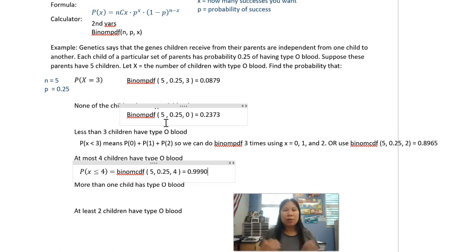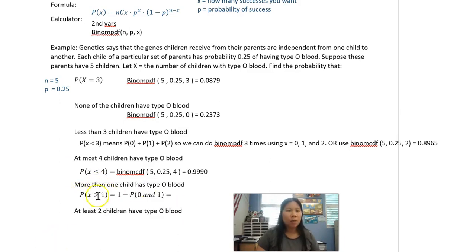So if you can figure out what numbers you don't want, then you can subtract it out, and that would give you the probabilities for what you do want. So we're basically saying, if I want the probability that X is greater than 1, then I don't want 0 and 1 because I want 2 through 5.